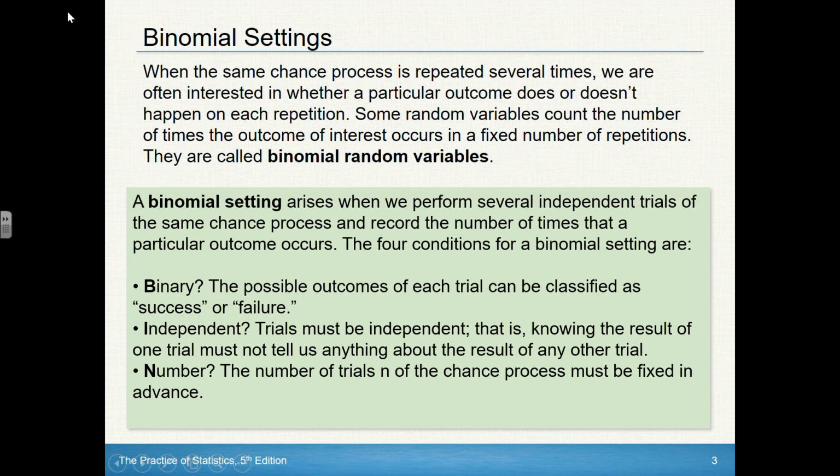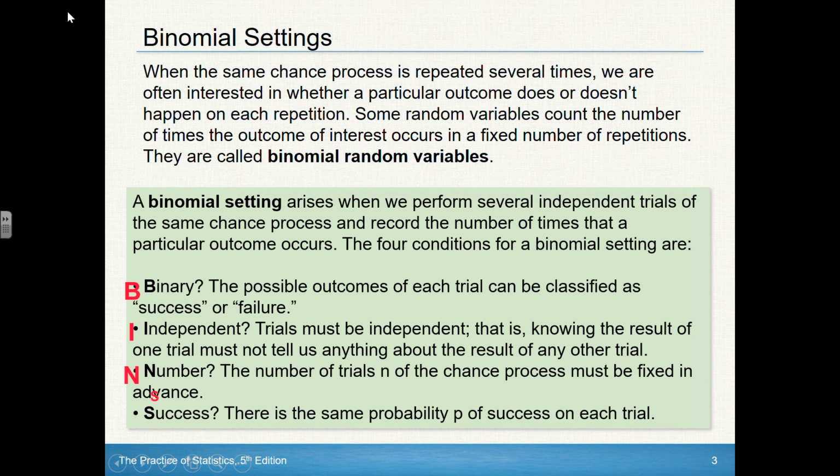You don't shoot until something else happens. We shoot exactly 20. If we're rolling a die, we roll the die 10 times, and that's it. It has to be a fixed number. It can't vary. And the last condition is that the probability of success must remain constant. So these are the 4 conditions for a random variable to be a binomial random variable.